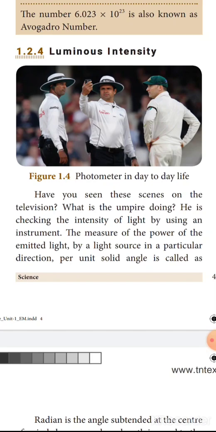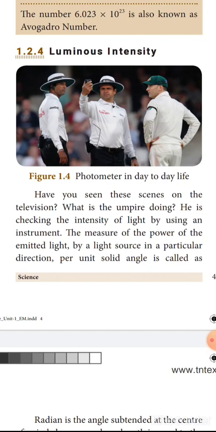When the light is not sufficient to play, it causes danger to the player, because a low intensity of light creates a problem for the batsman as they are not able to see the incoming ball properly. So every match the umpire checks the luminous intensity.